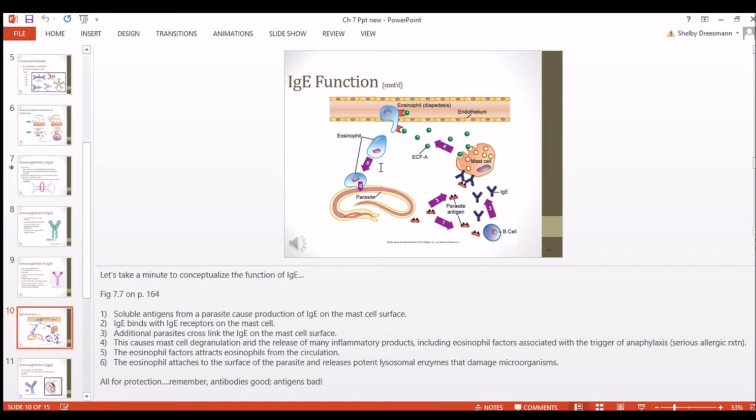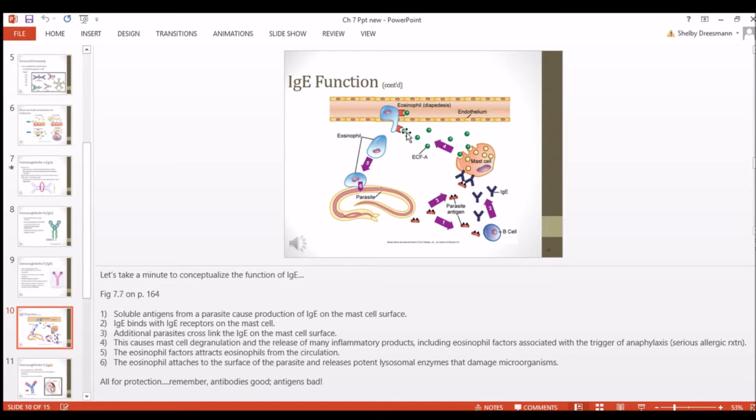IgE binds with IgE receptors on mast cells. If you look at this, we have two IgE antibodies bound, and then this parasite antigen binds to them as well. That will then cause mast cell degranulation to release histamine.